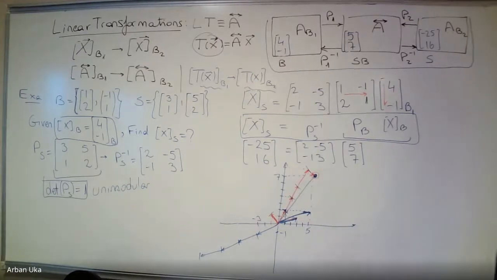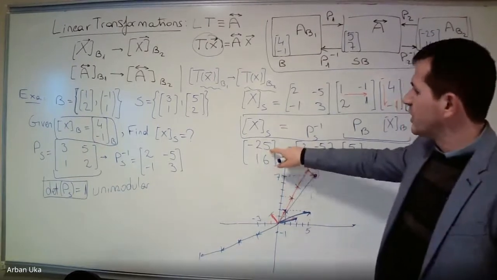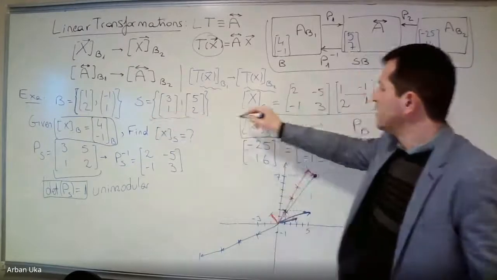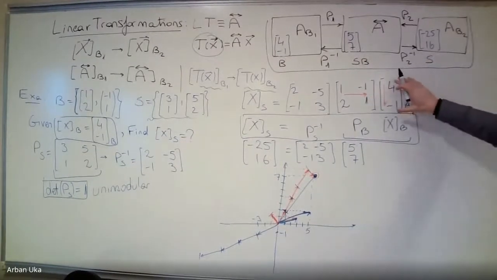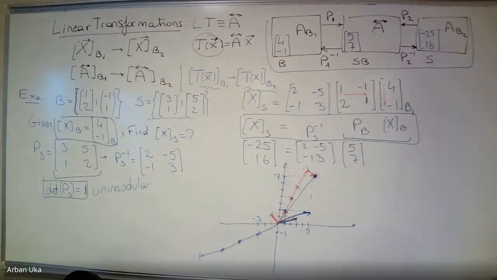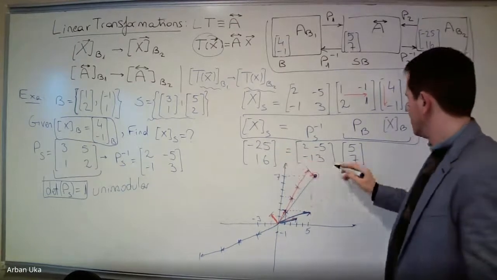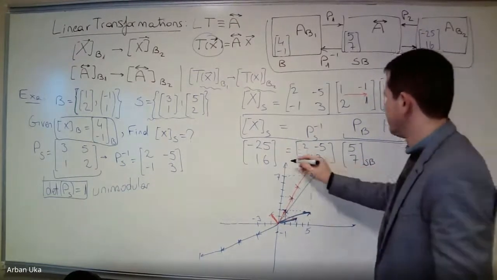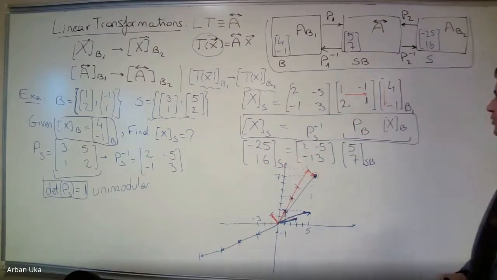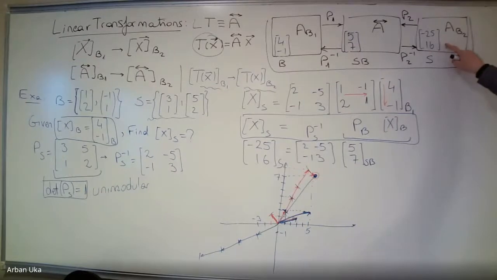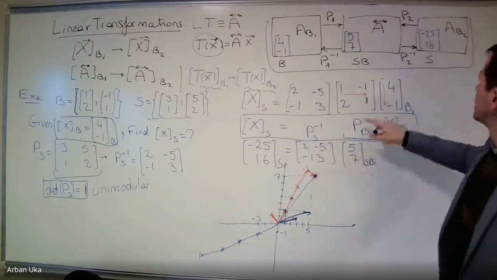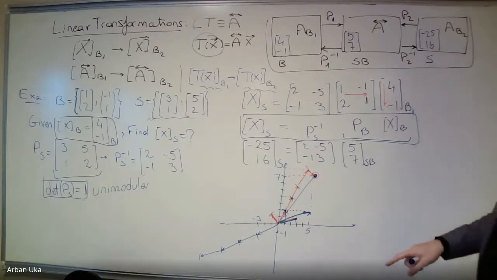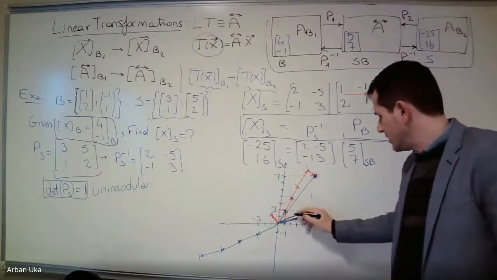And similarly, but this might be a little difficult to write on the board, because we have -25, so we are talking now about the basis S. And in basis S, using these representative matrices, which are composed by the columns of basis B and columns of basis S, we find out that this was 5, 7, this is standard basis, and -25, 16, this is according to basis S. So this is where we see it, and apparently this point is going to be 16 vectors, which are 5, 2, and 5, 2 is this point here.